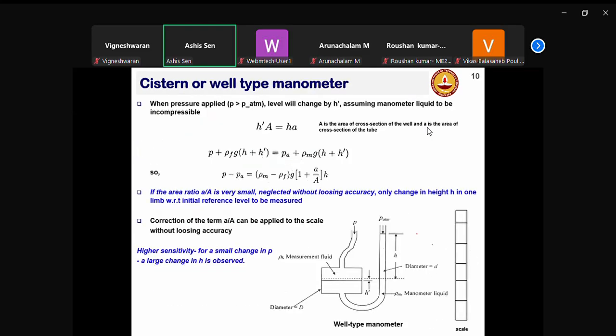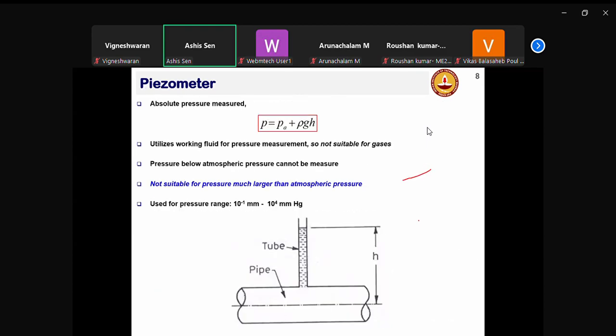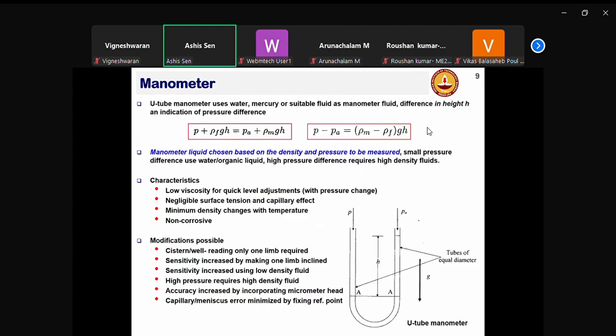The second kind of pressure measuring instrument that you use is known as U-tube manometer. Okay, so this is typically a U-tube manometer, and typically you use some kind of a working fluid. The most commonly used working fluids are water and mercury.